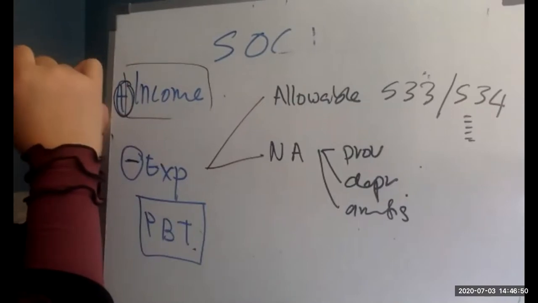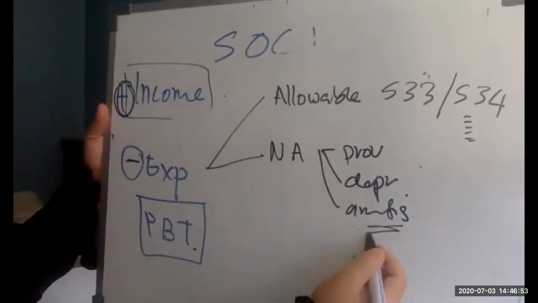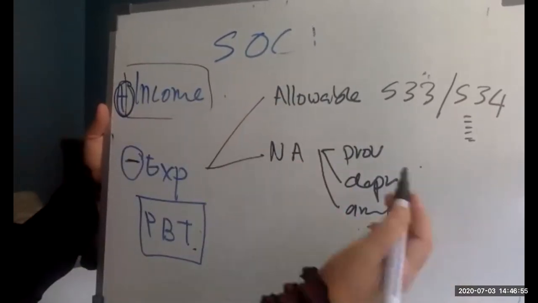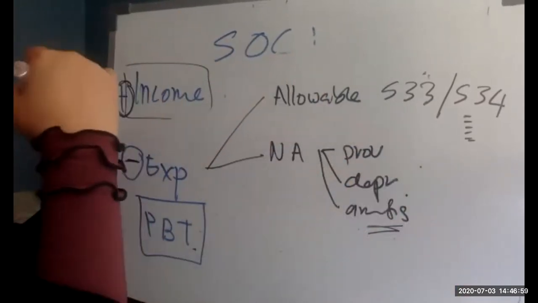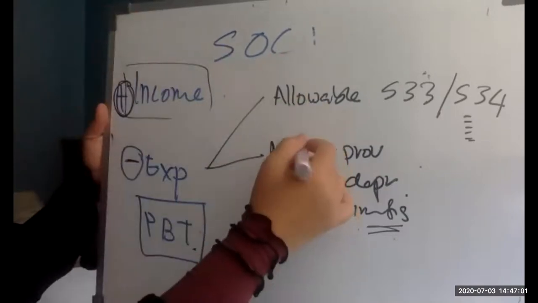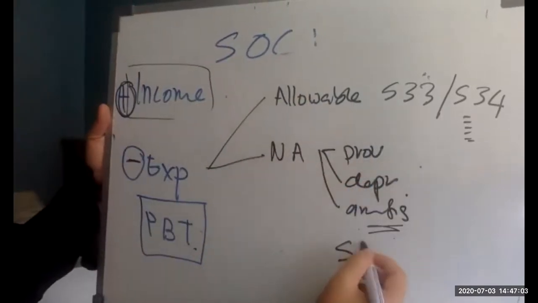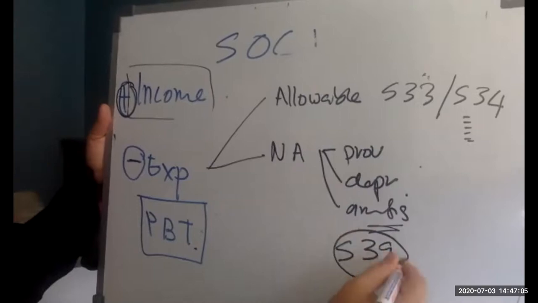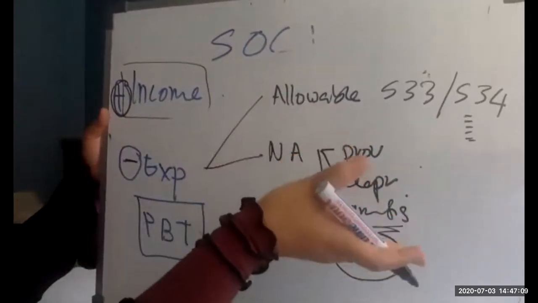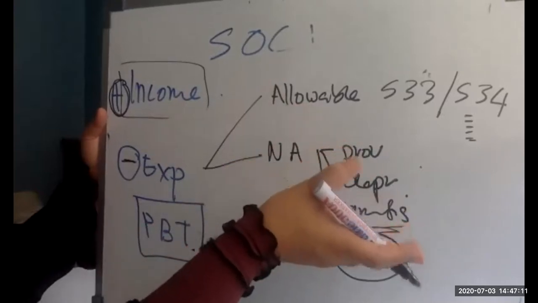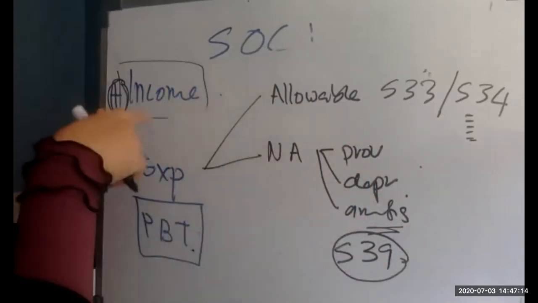Provision accounts, depreciation accounts, amortization. You also have expenses which are not allowed under section 39. Very important, so you must know what the expenses not allowed are. For example, domestic expenses or expenses which are not incurred for the purpose of that income.